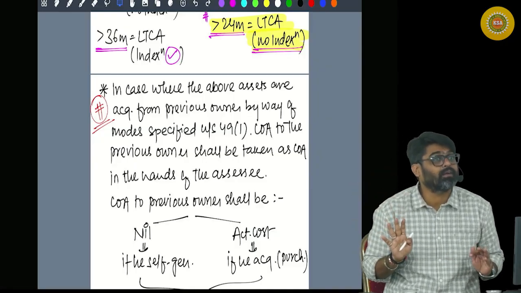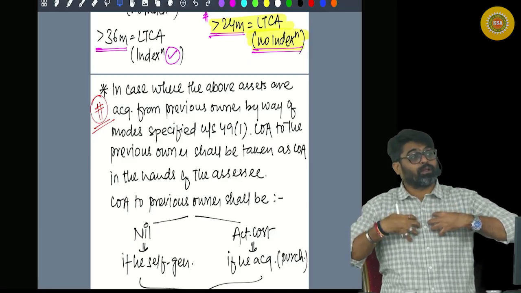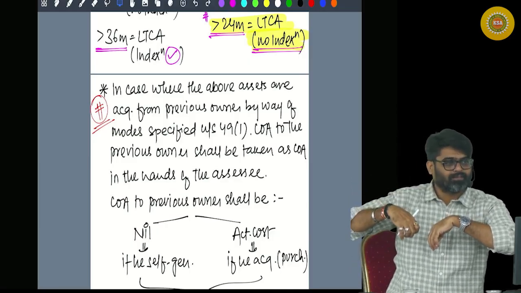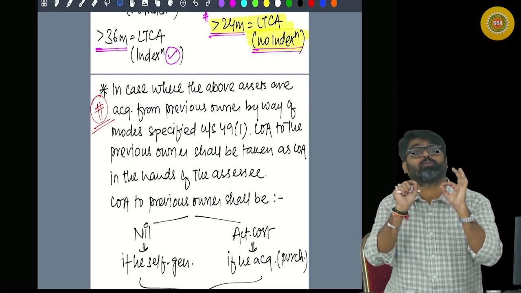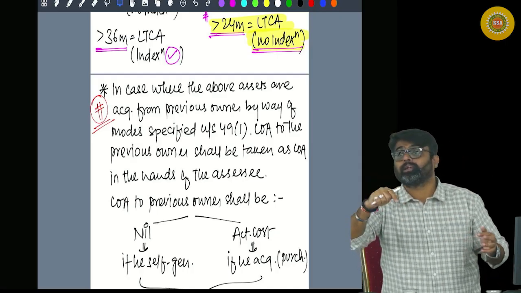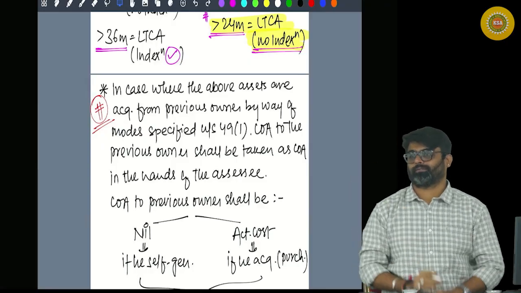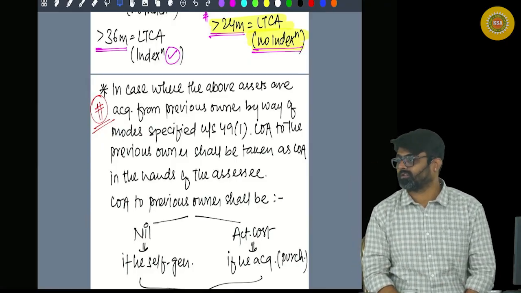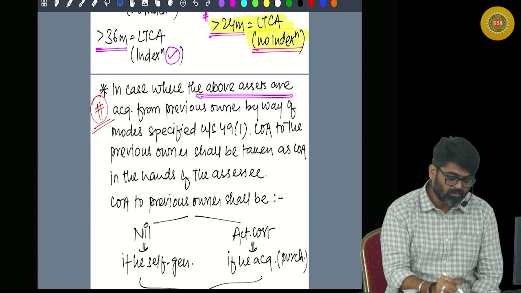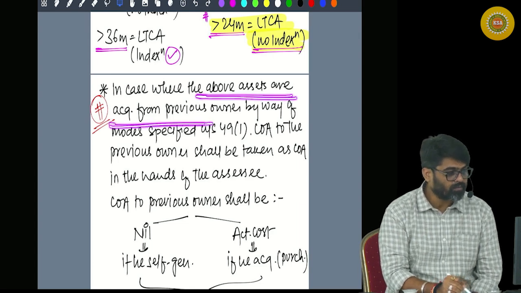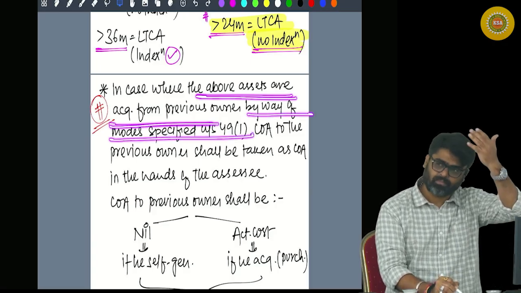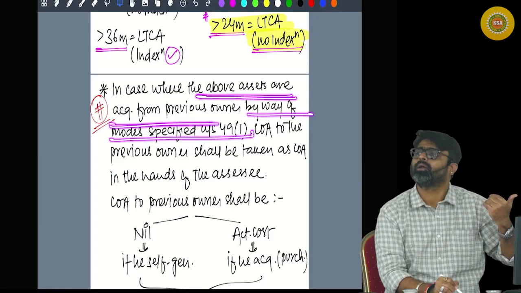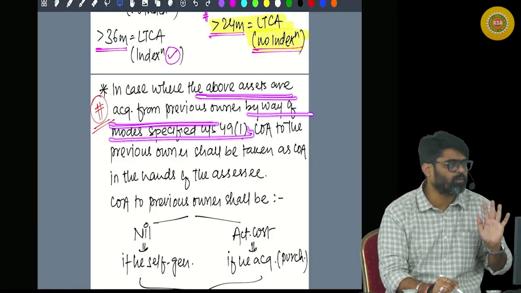Will you remember? Now tell me, if the previous owner acquired, what is the cost of the previous owner? As per 49(1), it will be deemed to be your cost. Got it, sir? So, if the above assets are acquired by way of a mode specified under section 49(1), there are many modes prescribed, and gift is one of them.